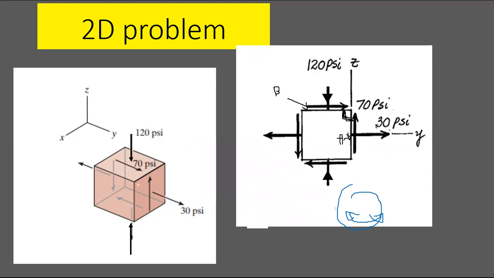So this plane you have to rotate it 21. This kind of plane is there for you to find the maximum normal stress, but still it's 2D, right?